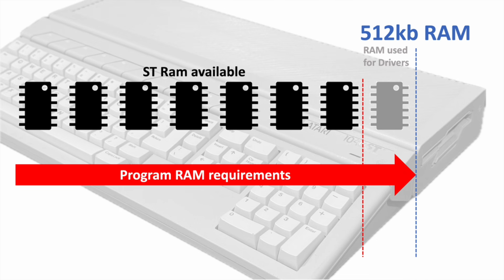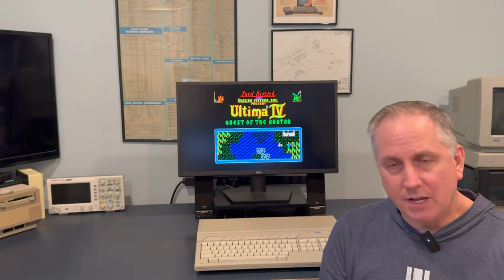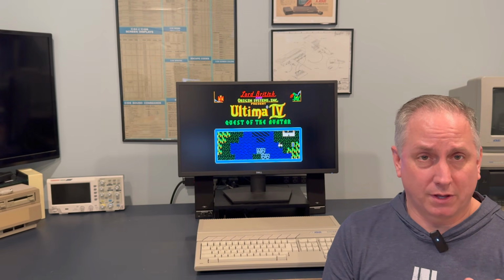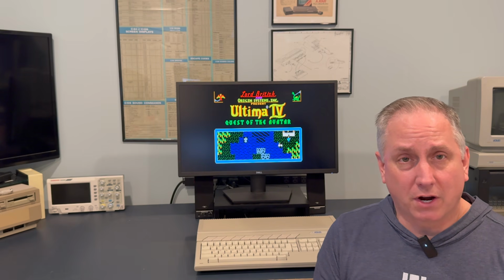And since a lot of the software was designed, again, back to my previous point, to run with that 512 kilobytes of RAM, you're going to start running into some issues with software programs that will not be able to run, that you don't have enough RAM in order to run. Now, that's especially evident when you start running with a 520 ST, and I found that myself when I first started using hard drives.